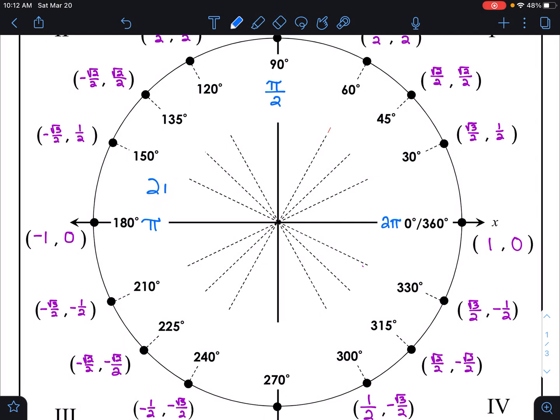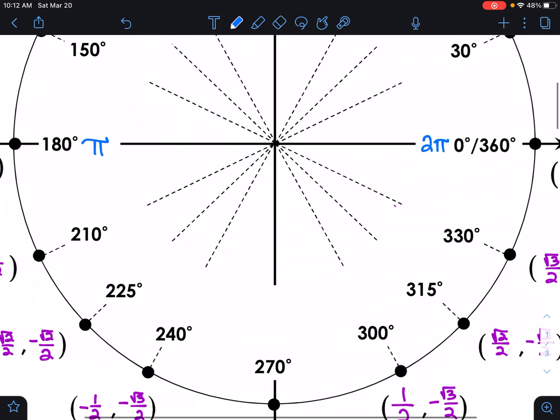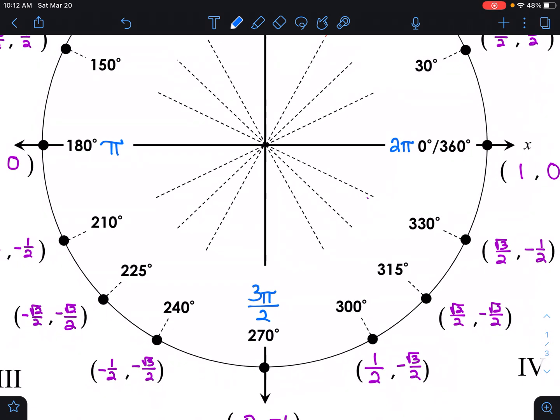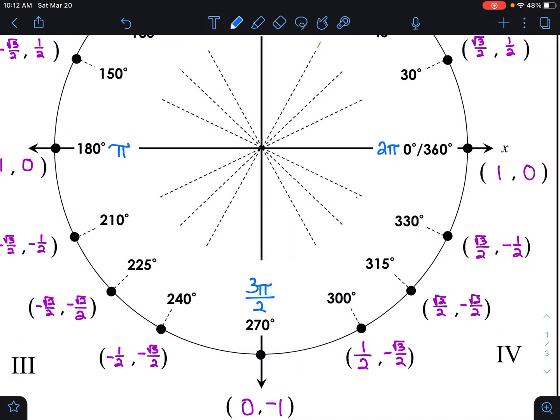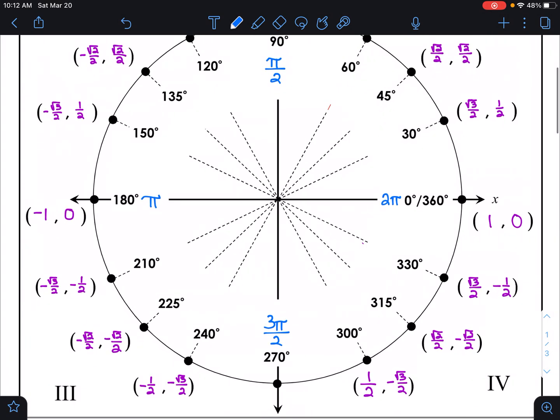So that means this would be 3 pi over 2. Okay, and then this would be 4 pi over 2. 4 over 2 is 2, so we get 2 pi. So that makes sense. Kind of weird, I know.